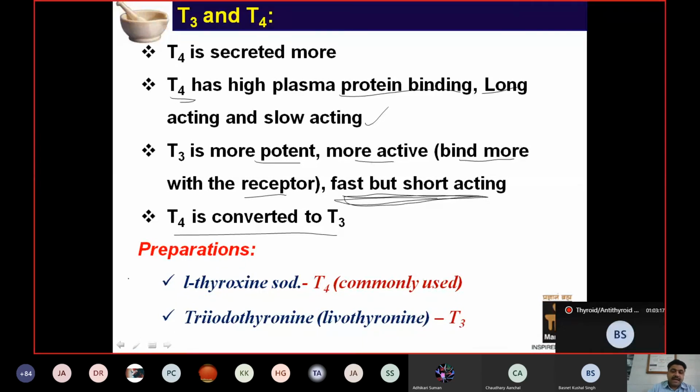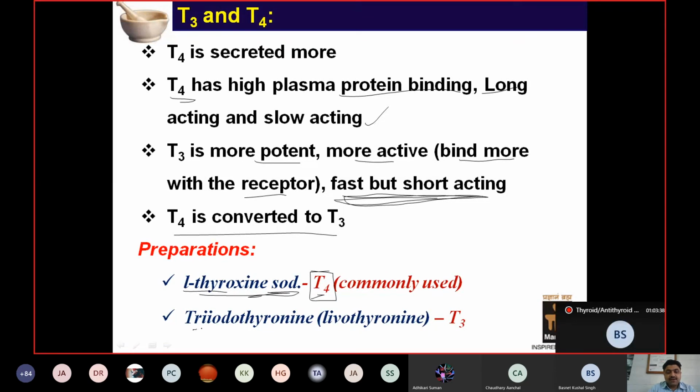Now the preparation we have is L-thyroxine, that is levothyroxine. It is available as a sodium salt. This is the most commonly used preparation of thyroid hormone. This is the T4 preparation.